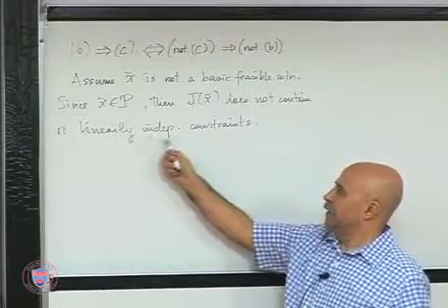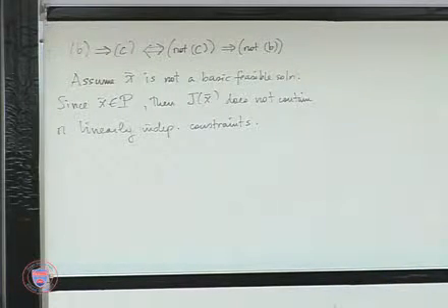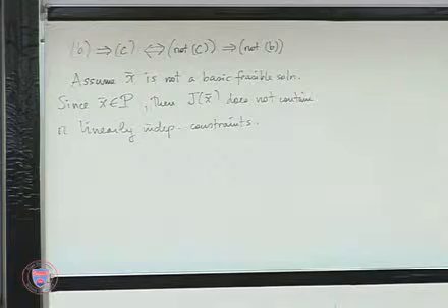Remember that n linearly independent constraints means their normals are linearly independent. Okay, that's the way we define these things.